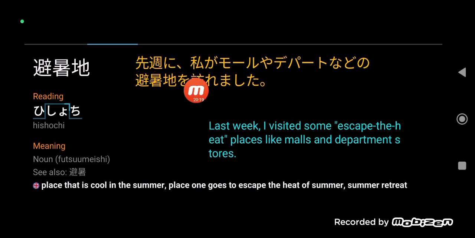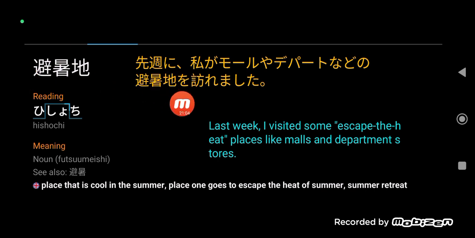Last week I went to cold places like malls and department stores to escape the heat. 先週に私がモールやデパートなどの避暑地を訪れました。Last week I visited some escape-the-heat places like malls and department stores. So yeah, this is true. This is true, minasan.